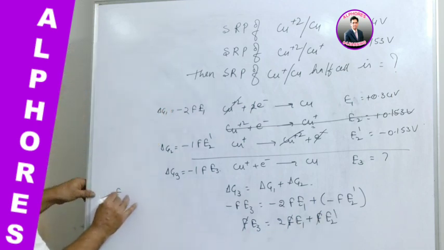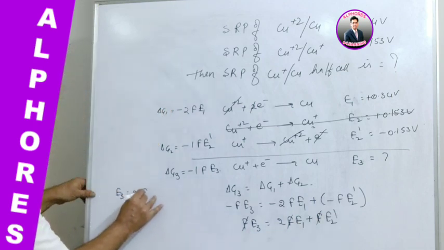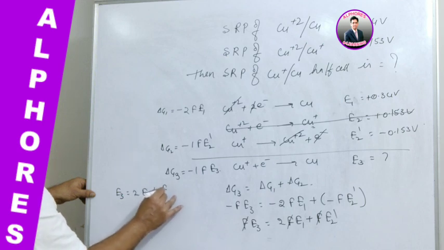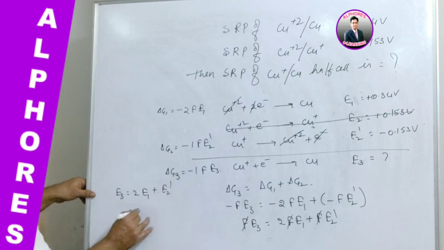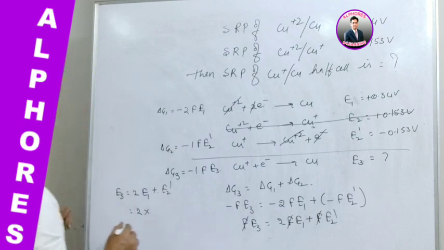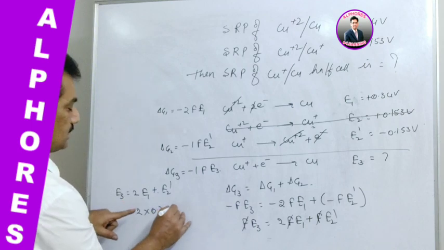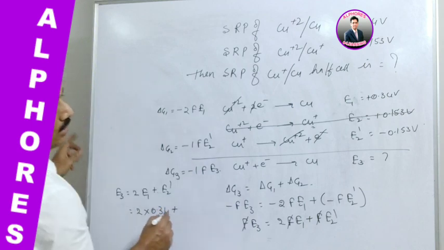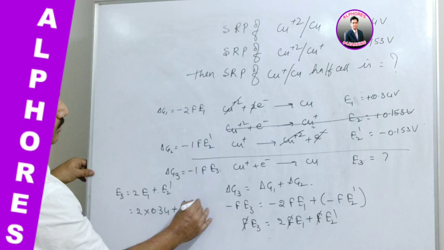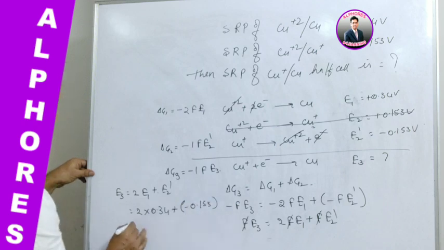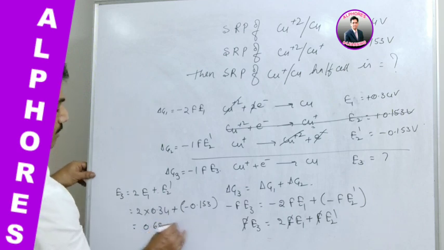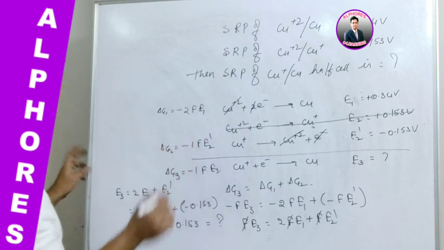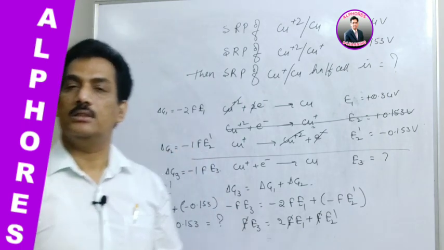Now E3 is equal to 2E1 plus E2 bar. That is 2 into the E1 value, 0.34, plus E2 bar, which is -0.153. So now it is 0.68 minus 0.153. Whatever answer you get, that is the correct answer.